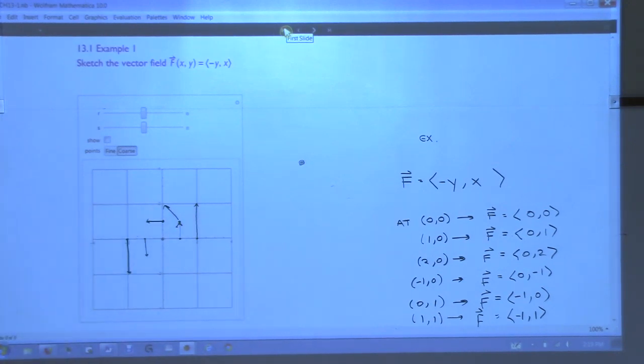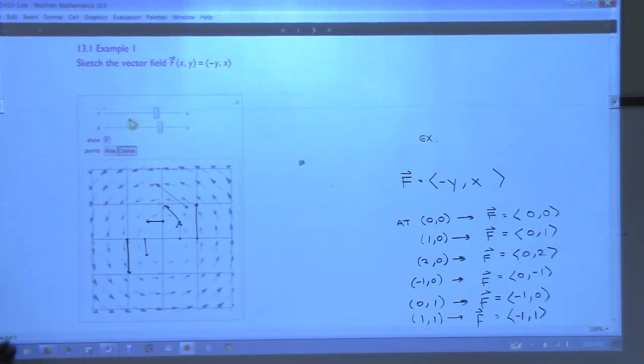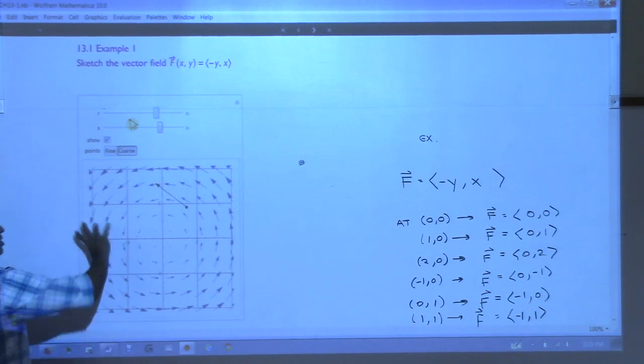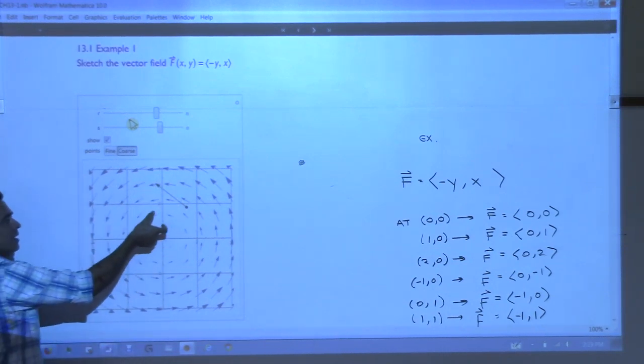Yes? Yes. Okay, so what we can do is let the computer do this for us. I can move around, and it's going to calculate it and draw me all those vectors. Or I can just say, give me a basic idea of what's going on here. This is a plot where the computer has taken its own points and created vectors for them.